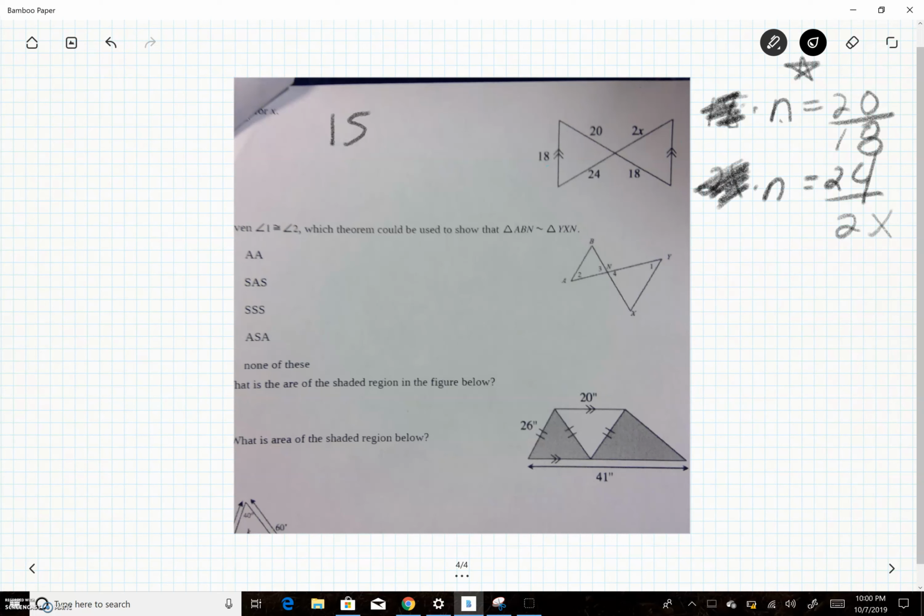So if n are both of these, then those must be equal to each other. That's the transitive property, right? So we have 20 over 18 is equal to 24 over 2x.